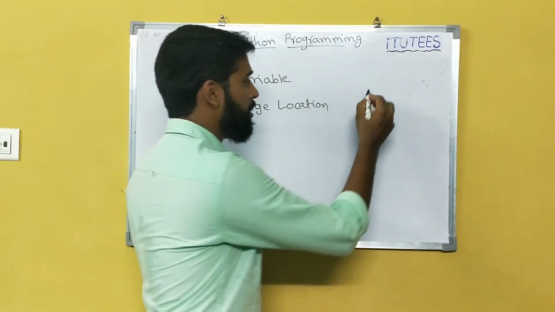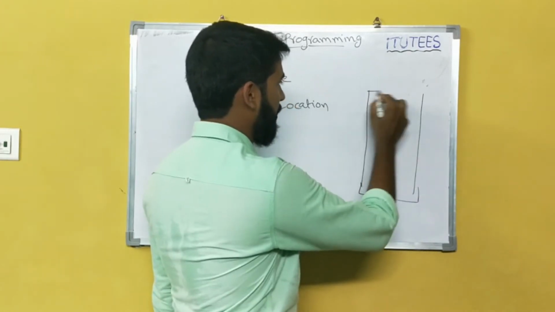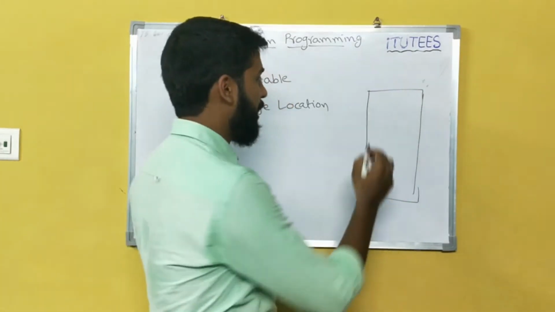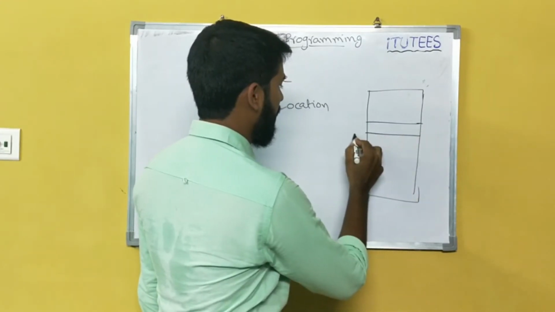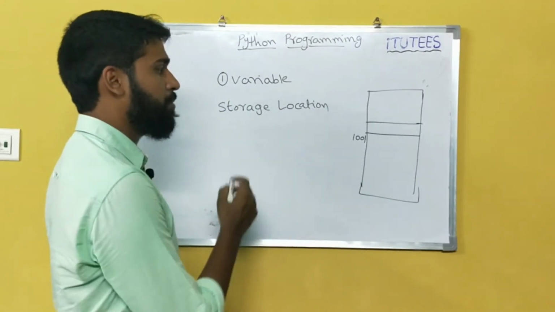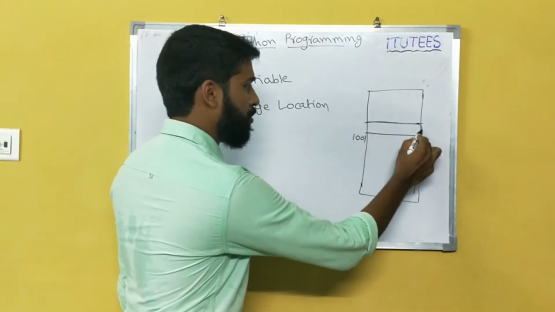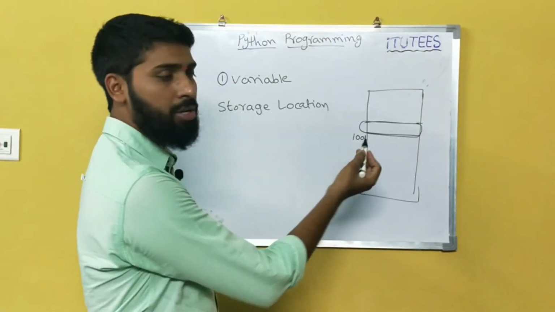A storage location is nothing but, for example, this is the primary memory. In this primary memory there is a location with some address, for example 100. So what is a variable? A variable is a storage location. In this storage location you are going to store one value.